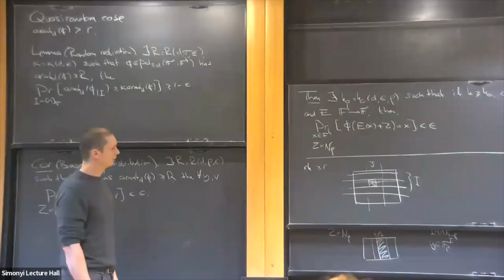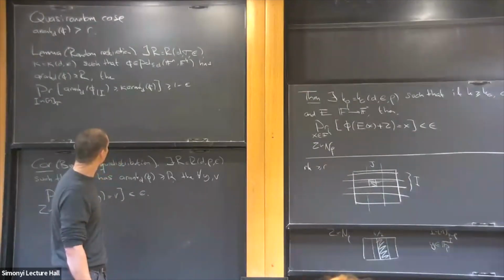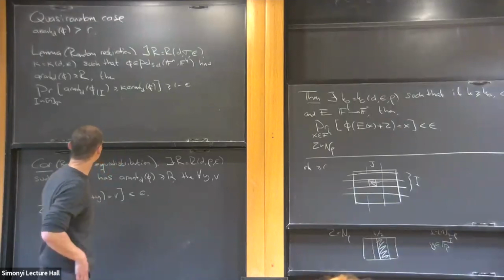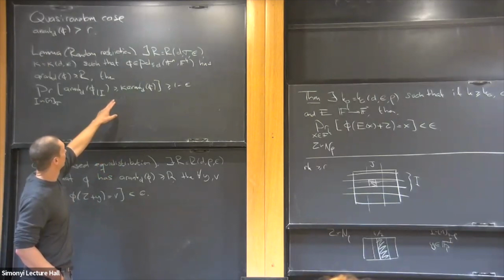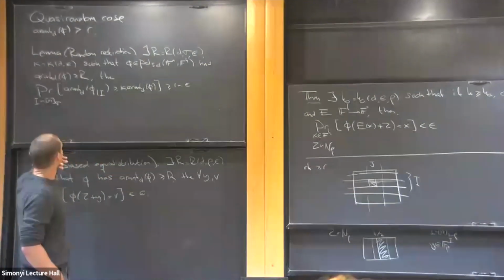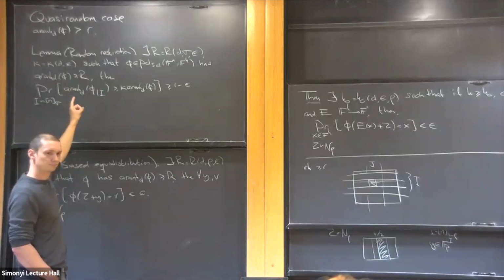In that case the lemma is much better: you can choose K to be an absolute constant, and you don't need an assumption on R for tensors in the high characteristic regime.